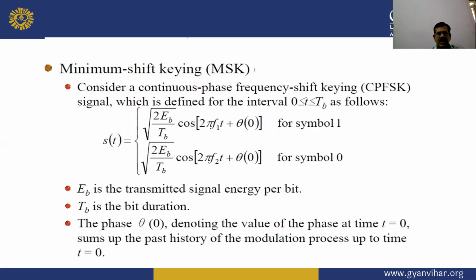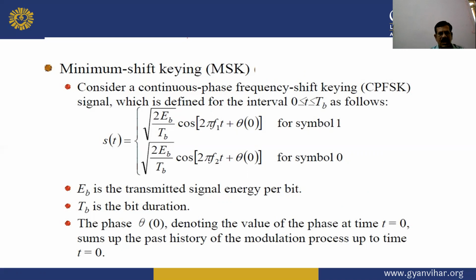Consider a continuous phase frequency shift keying CPFSK signal, which is defined for the interval 0 less than or equal to t less than or equal to T_b as follows: s(t) equal to square root of 2E_b/T_b cos(2π f1 t + θ(0)) for symbol 1, and s(t) equal to square root of 2E_b/T_b cos(2π f2 t + θ(0)) for symbol 0.